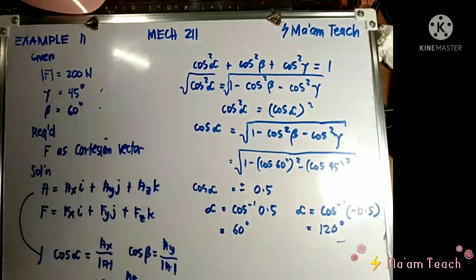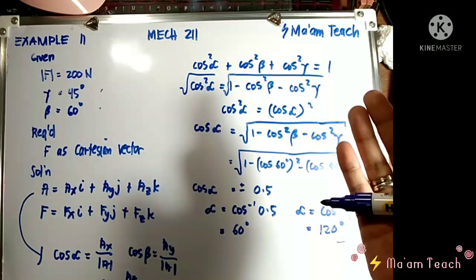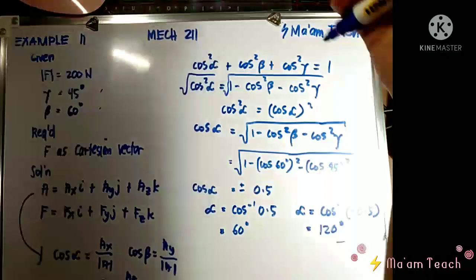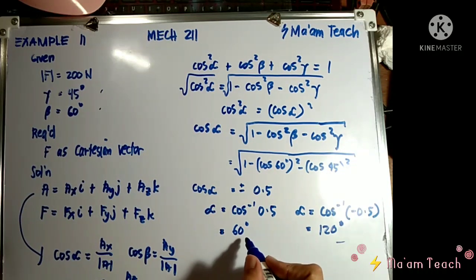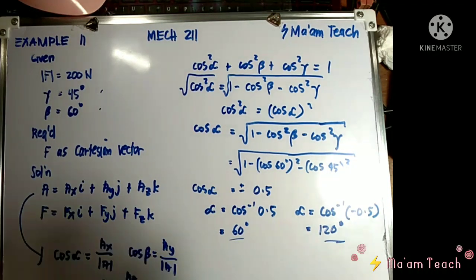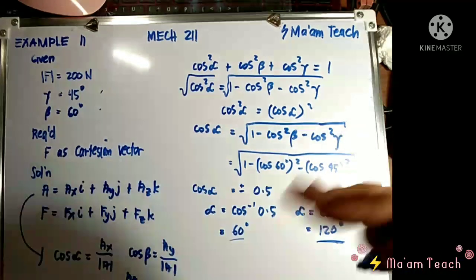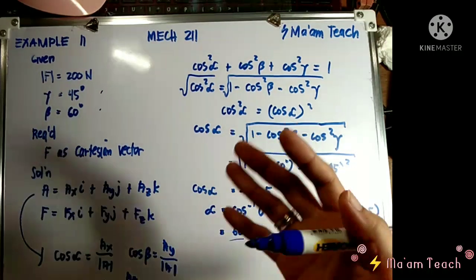But what I am emphasizing here is we are trying to express a given vector already, so we base our answers on the figure. Both of these angles are correct, but this 120 degrees is already located in the negative x-axis.